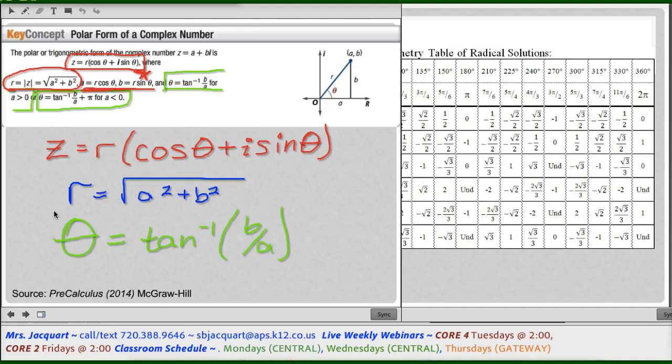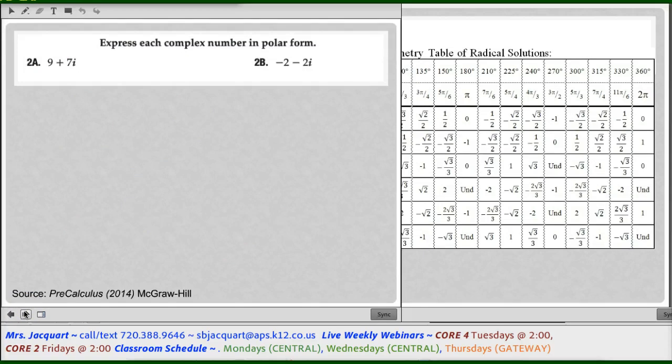It's the y guy over the x guy. Okay, so that's what we're going to do. We're going to find r, find theta, then we'll be able to plug it into z. So let's write our z up here equals r cos theta plus i sine theta.